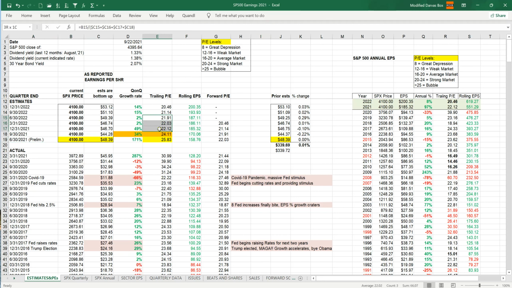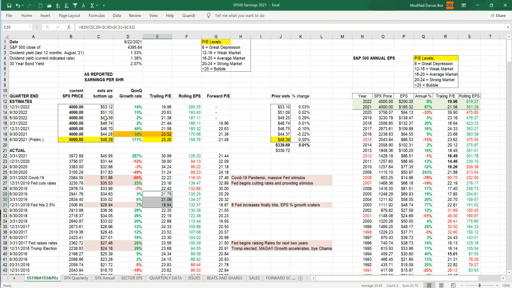All right, 21 to 22. Still hasn't moved all that much. 4,000. Okay, now we're talking. That's a 21 PE level, which roughly comes up into this area right here. And there's your historical match.